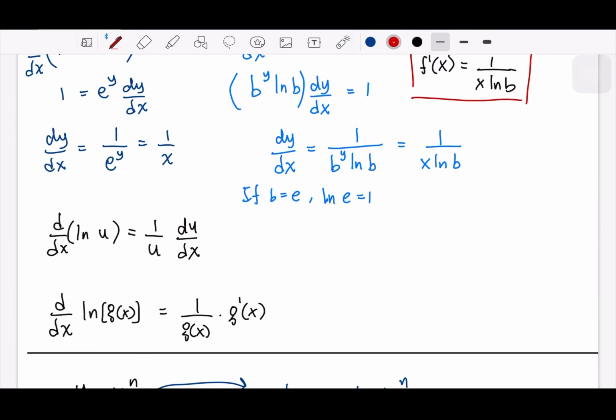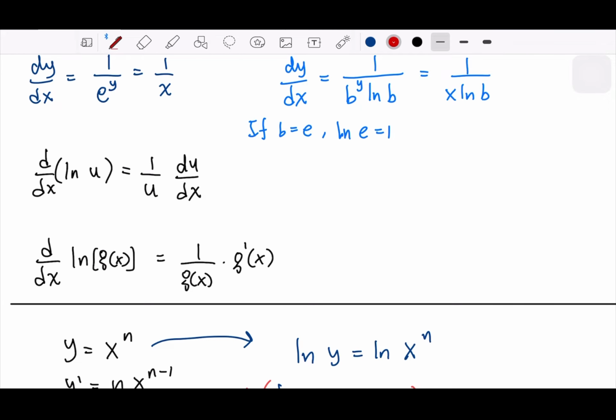Okay, and we can set up another combination if you want. For example, if you have another function u, and u is a function of x, we can set up the chain rule also. Similar with this one, we can set up functions directly. It's actually similar.